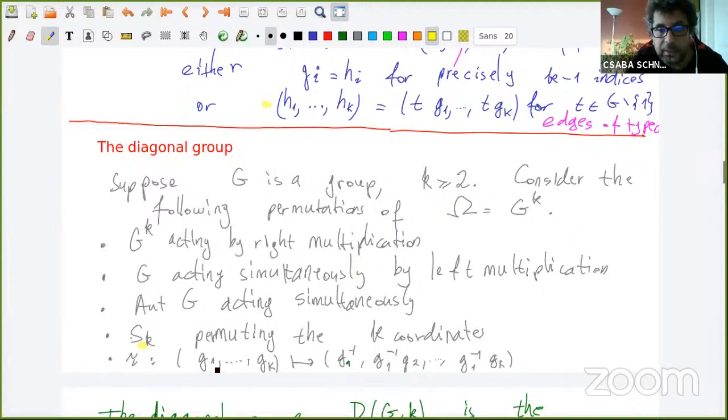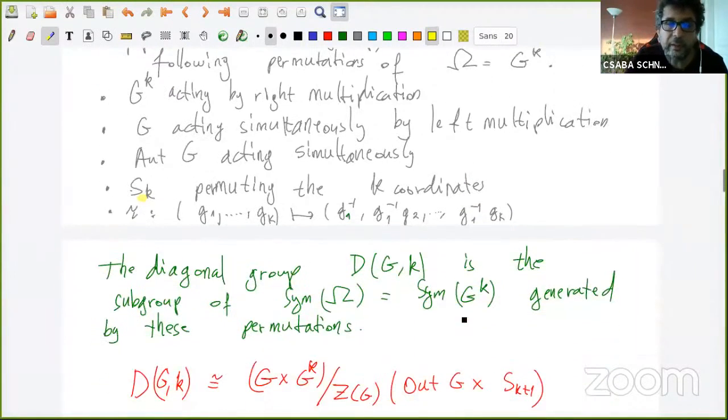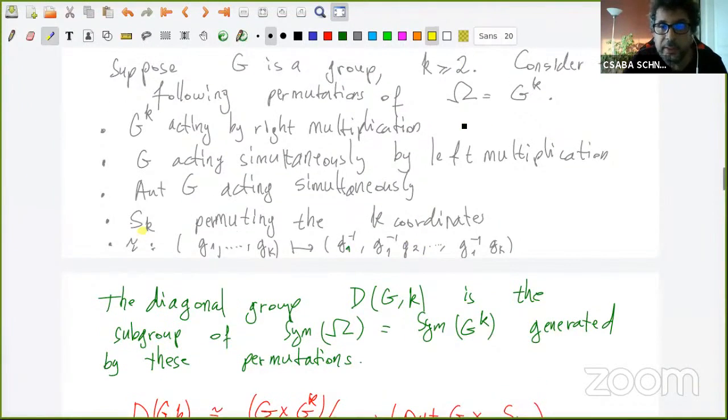What tau does is it takes a k-tuple (g1, ..., gk) to this other k-tuple: g1 inverse, g1 inverse times g2, up to g1 inverse times gk. This might be a bit weird, but this is what tau does. The diagonal group, which we denote by D(G, k), is the subgroup of the symmetric group on this set omega generated by all these permutations. So this is a bit mysterious.